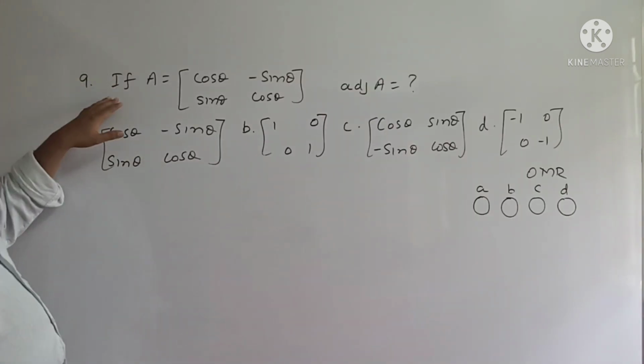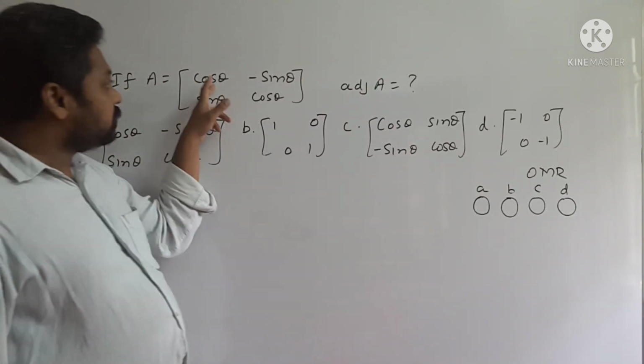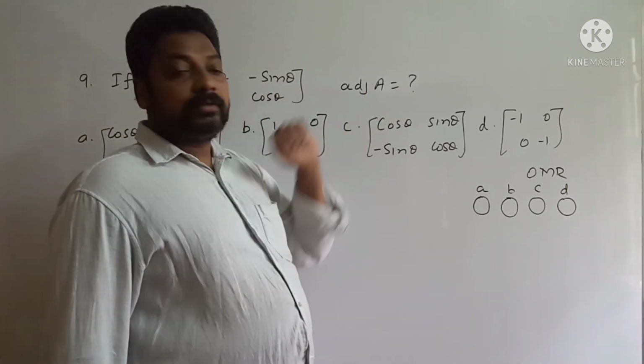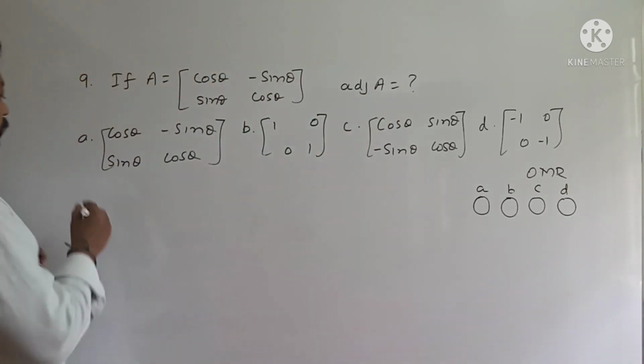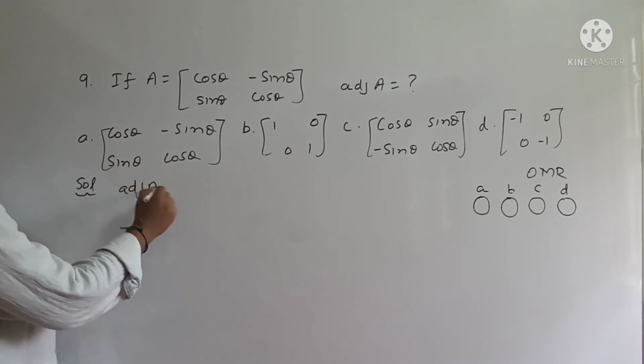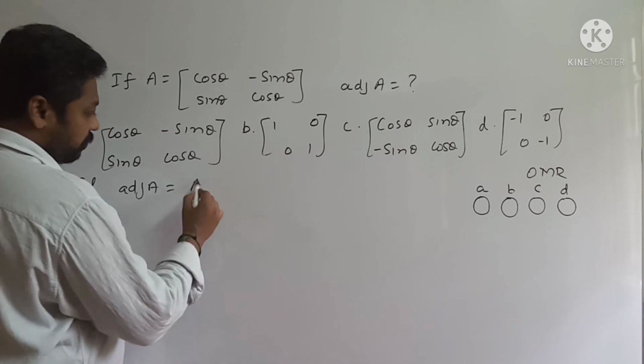Coming to the ninth one: if A is equal to the matrix [cos theta, minus sin theta; sin theta, cos theta], adjoint A is equal to what? We know the formula for adjoint A. Adjoint A is the transpose of the cofactor matrix.